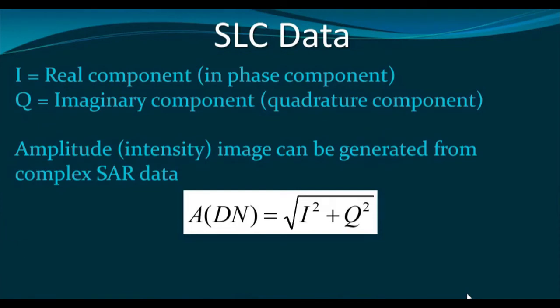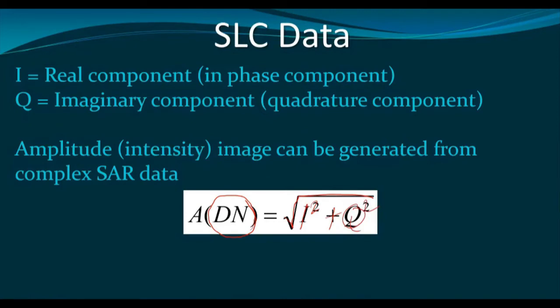However, the intensity image or the amplitude image can be generated from the complex SAR data. Here is the formula, as you can see, for amplitude or intensity. This is commonly referred to as the DN value of the pixel. The DN value of the pixel is generated with this formula: square root of I squared plus Q squared.